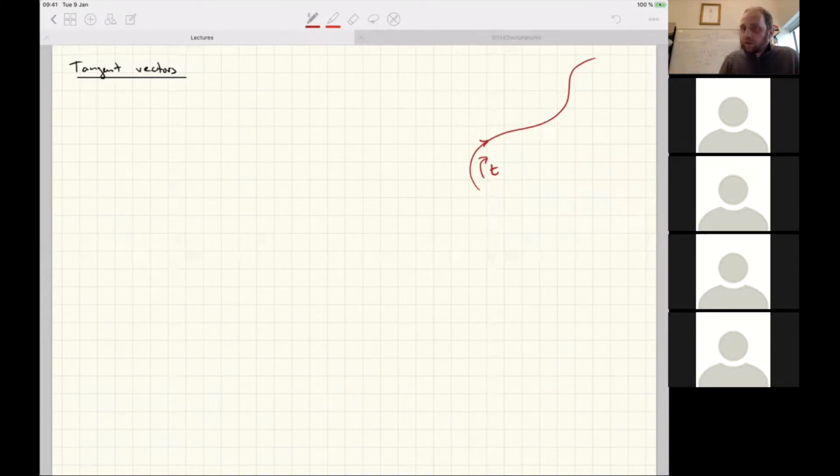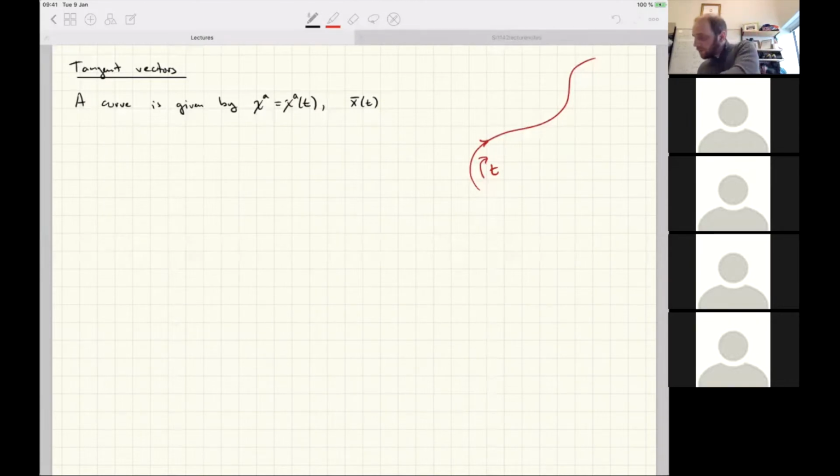So you can describe this by giving all of the coordinates as some functions of this curve parameter t, and equivalently, you can see the position vector as a function of t, where t is this curve parameter.